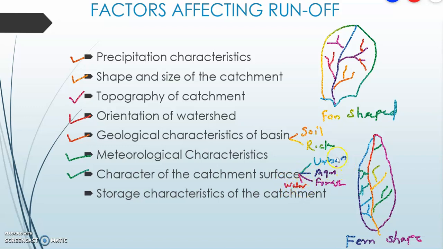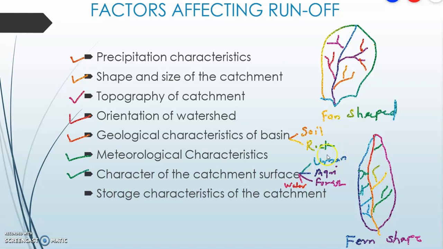If the land is covered with agriculture or forest, it will absorb more water, more infiltration will be there, and there will be less runoff. If there is an urban area or more settlements, it means more pavement, and the area will be covered with concrete or an impervious layer.